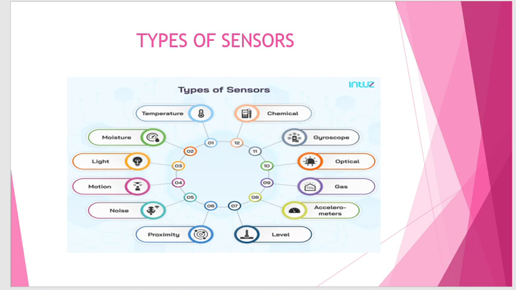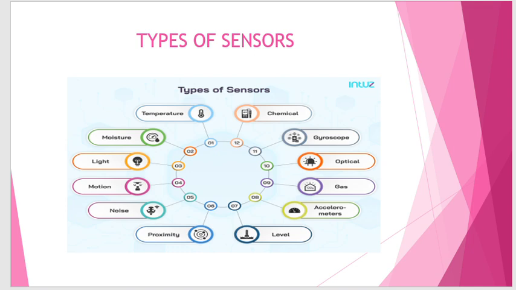It is mainly used for OFC communication, optical fiber cable, and you must be familiar that it is always based on total internal reflection. Regarding the camera, without a sensor we cannot operate a digital camera. It is used to capture the signal and convert it into images, so it is mainly used for image processing.